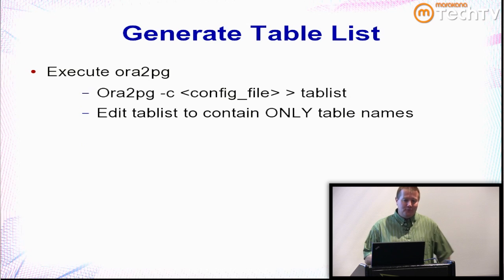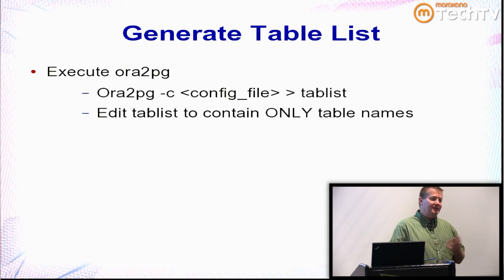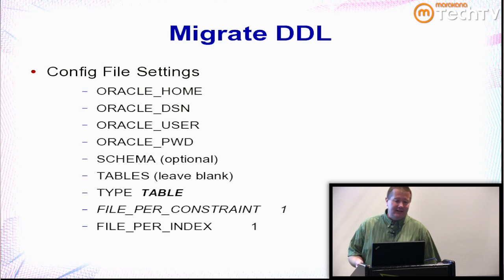In any case, we had this wrapper script and we would run it. We would execute ora2pg with the config file and redirect the output to a file that contained only the list of tables. Then we would migrate the DDL based on that table list. Effectively, we would set all the Oracle variables, set the schema, leave the tables blank, and set the type to TABLE.